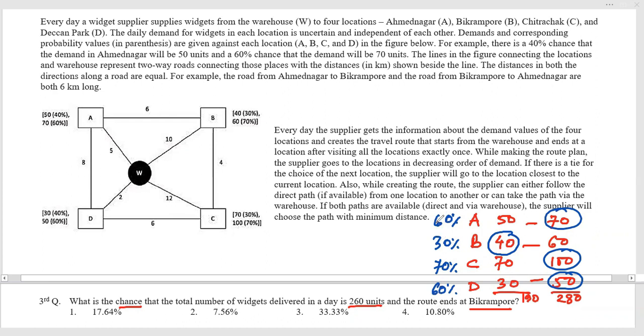So it is 60, 30%, 18%. Now 70% of 18. 18, 30%. If you subtract 1.8 into 3, that means 5.4 reduction.